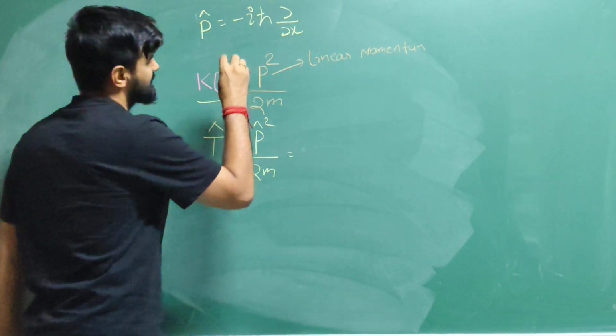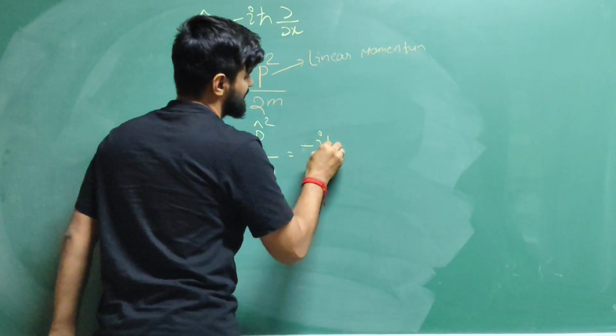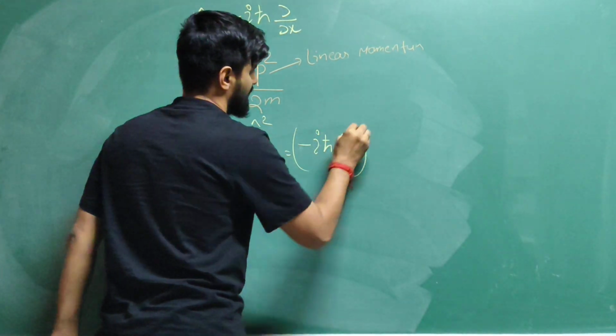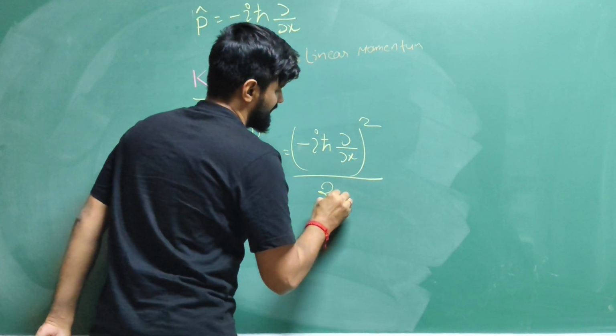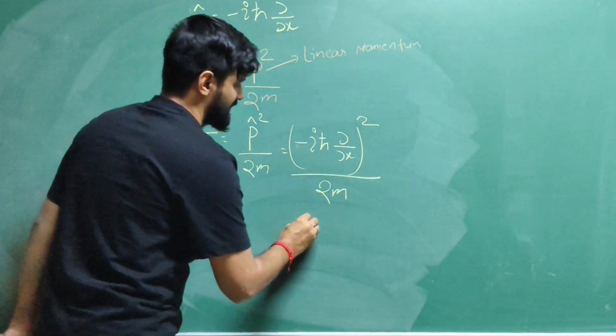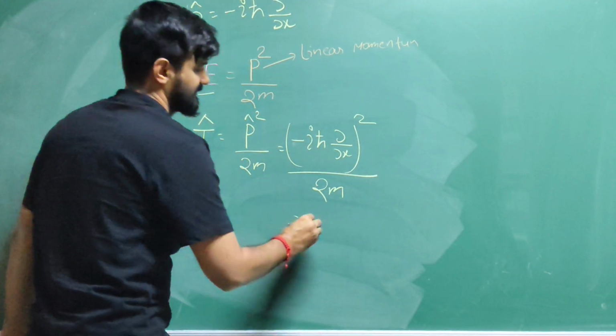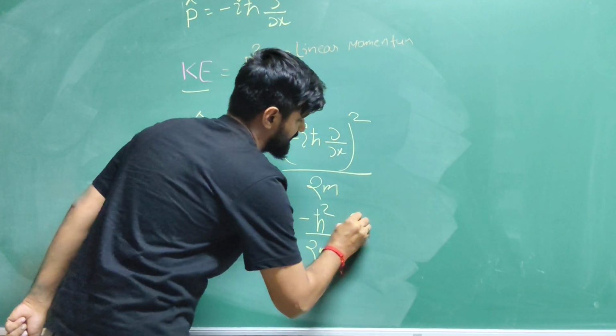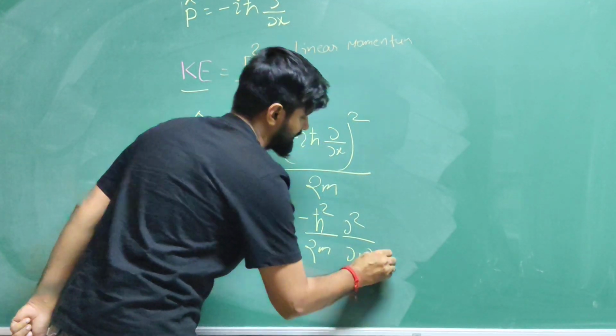Let's try to substitute these things here. If you substitute, that will be equal to minus i h bar del by del x whole square divided by 2m, and you will get minus h bar square divided by 2m del 2 by del x square.